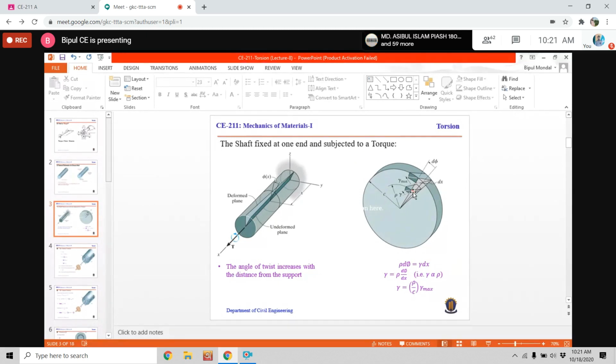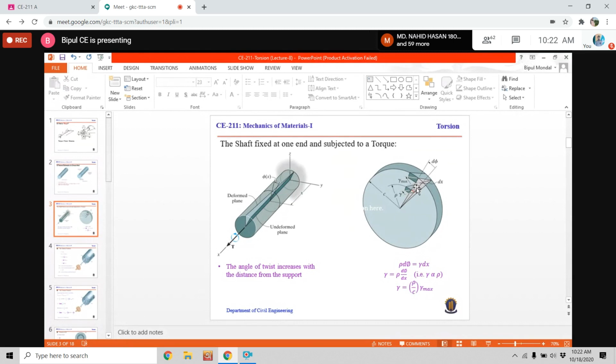Length of this element is dx here, and this angle is the shearing strain, because we know the shearing strain is the angular change in angle.